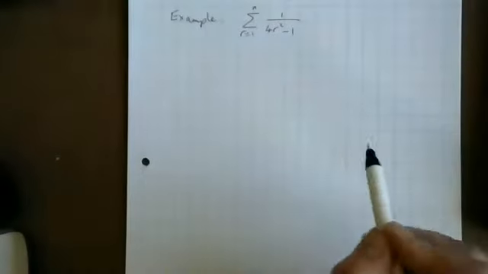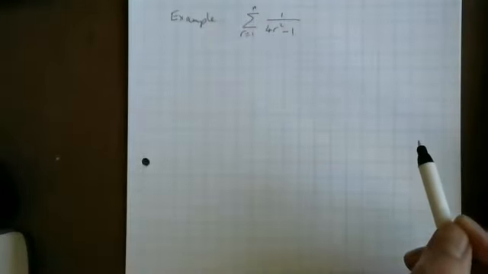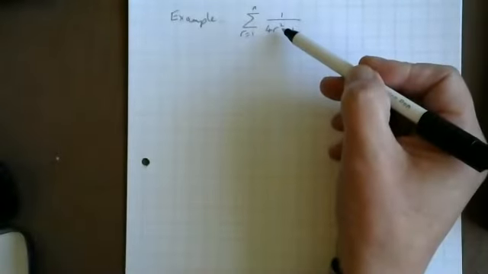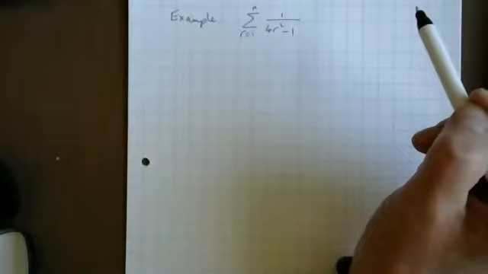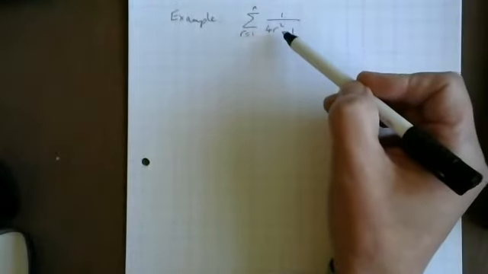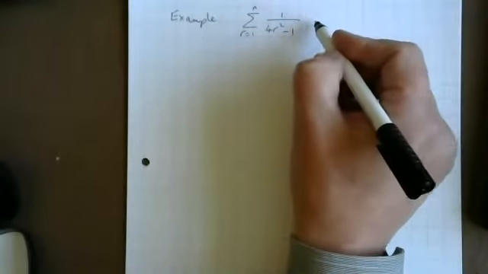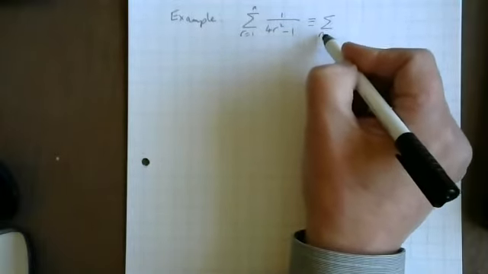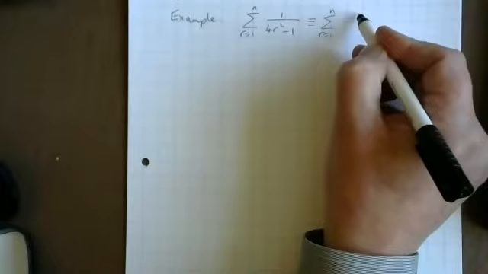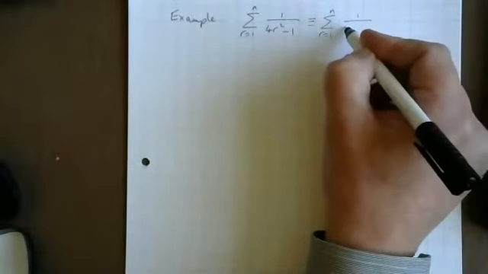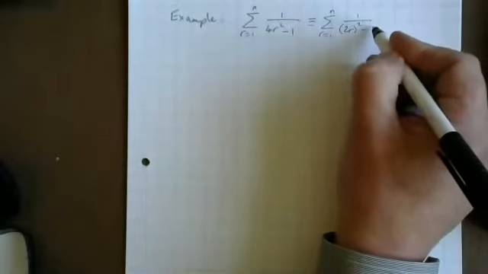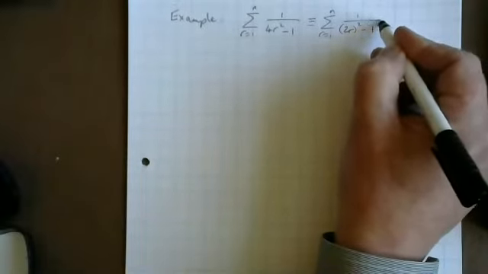So here's one. Find this. Now they haven't told us what we're going to do here, but that looks very much like we're going to use partial fractions. The sum from r equals 1 to n of 1 over 4r squared minus 1, which is the same as 1 over 2r squared minus 1 squared.